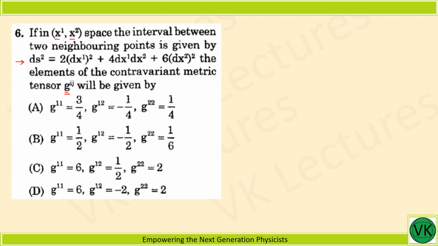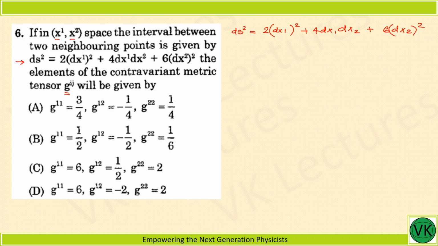Writing down the ds², which is the separation between two points, as 2 dx1 squared plus 4 dx1 dx2 plus 6 dx2 squared.